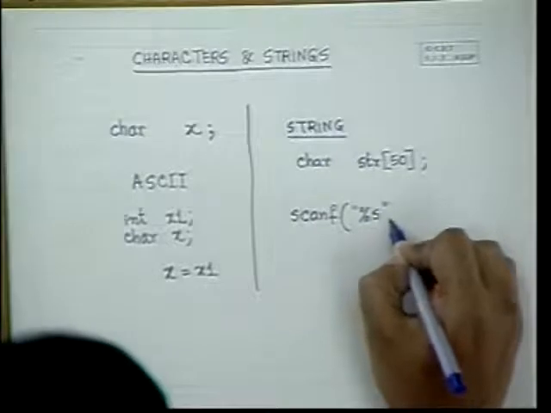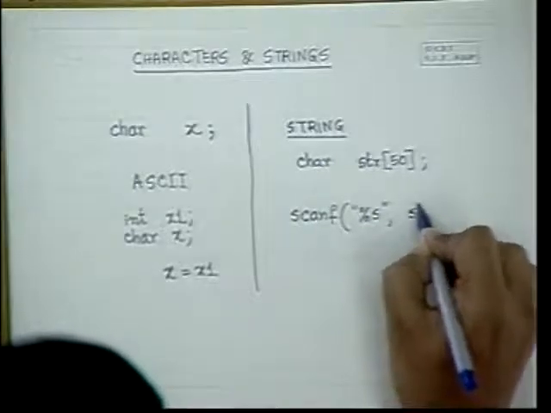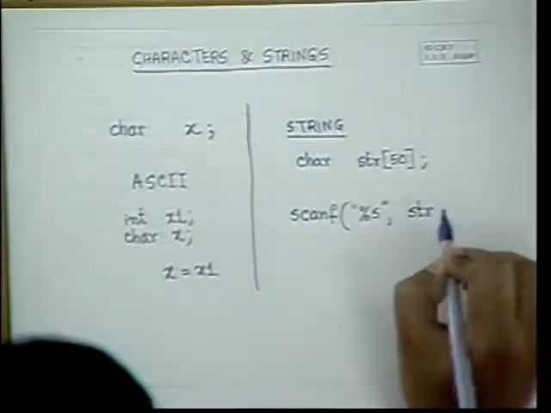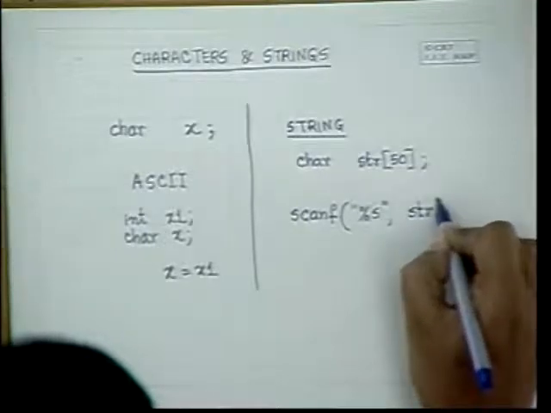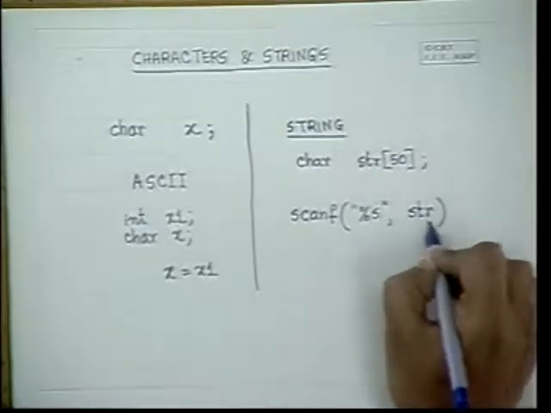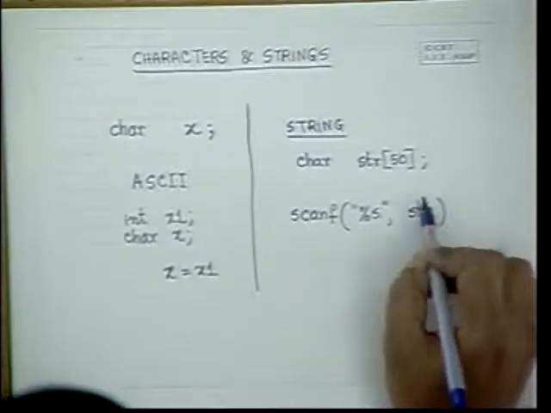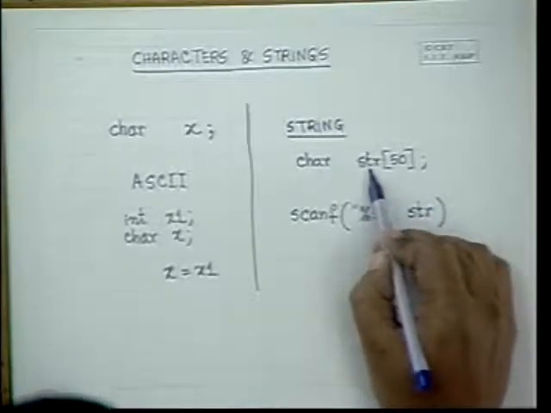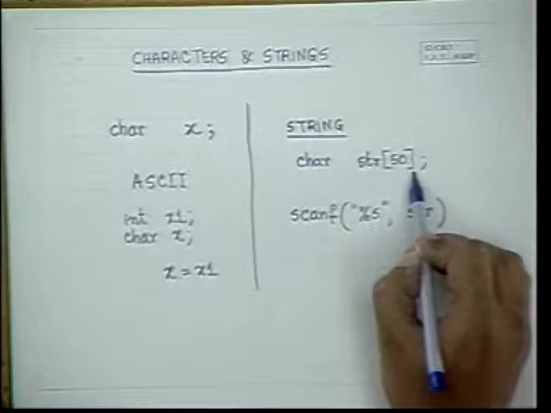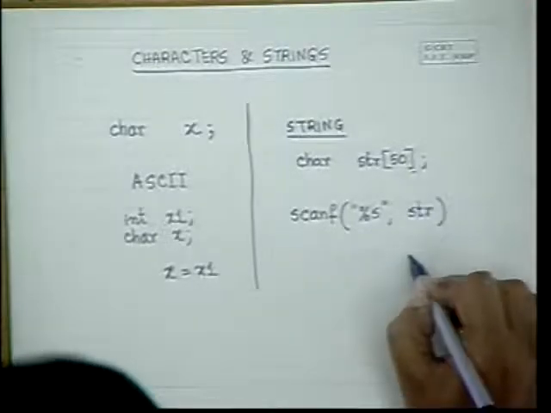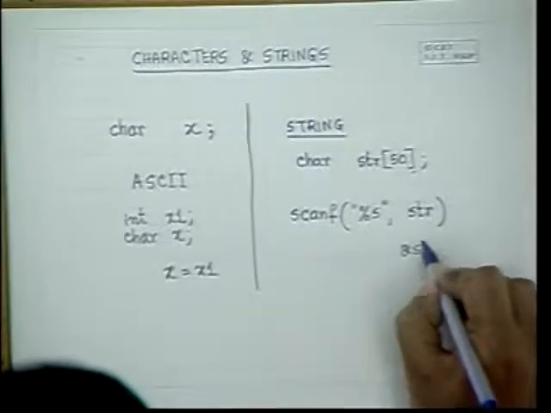In %s format, you can read the string str. And obviously, you can just simply give the name of the string. The name of the string is sufficient to provide you the address of the string, which is the same as &str[0].